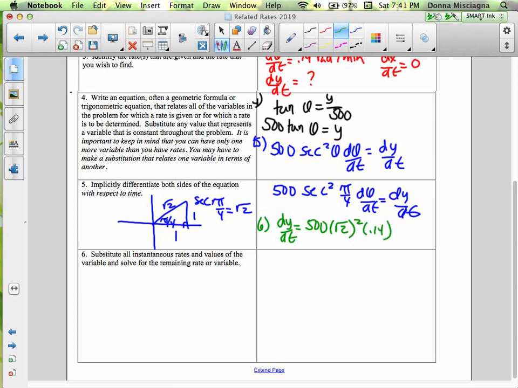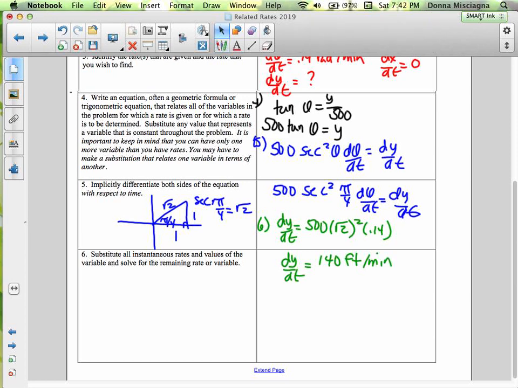This is really easy to simplify because we've got 1,000 times 0.14. Just move the decimal place over 3 places. This is going to be 140 feet per minute. The rate of change for the angle would be radians per minute, but 500 is in feet, so this is going to be in feet. This is a linear measurement. So let's explain our answer.